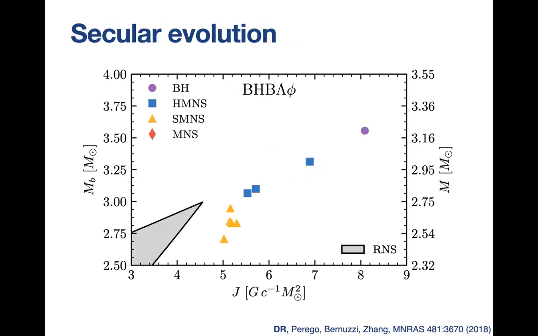The gray area here is the set of all possible equilibrium configurations. So what you can see from here is that even if we look at supramassive neutron stars, these are the ones that have total mass below the maximum mass for a rigidly rotating star, these objects are all far away from equilibrium. So they will have to evolve in a non-trivial way to reach this gray area.